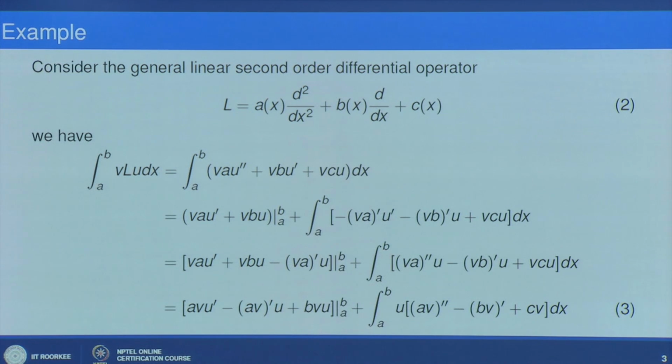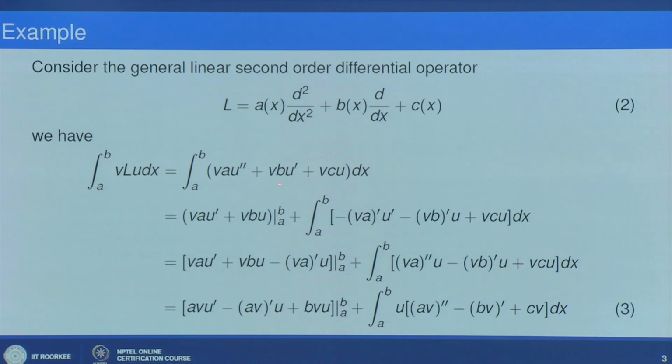Here we multiply by v and integrate with respect to x over some interval a to b, where we want to perform this operation. We integrate by parts once. Looking at v a u double dash, integrating by parts gives v a u dash from a to b minus the integral of (v a) dash u dash.